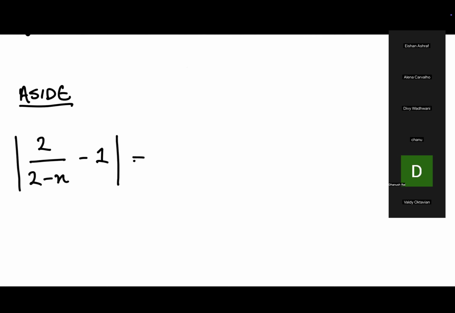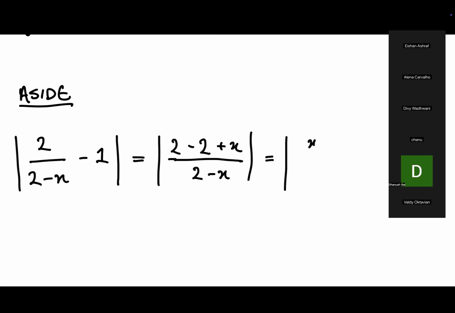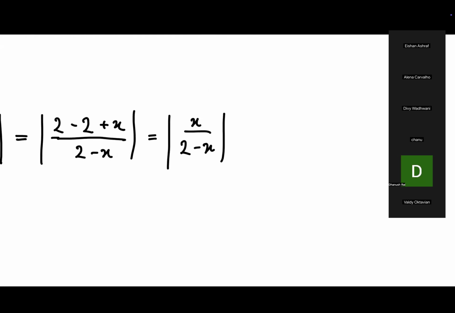Now, how do we break this down? We can have some common denominators. So we'll get minus 2 plus x over 2 minus x. This simplifies down to x over 2 minus x. By absolute value properties, we can put the absolute value bars on the numerator and denominator themselves.